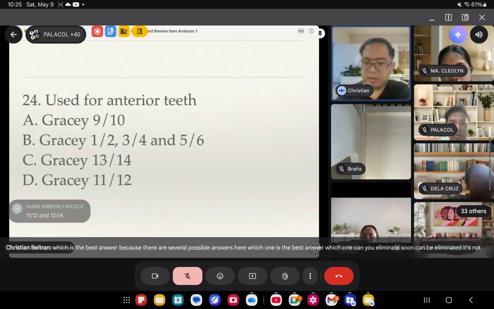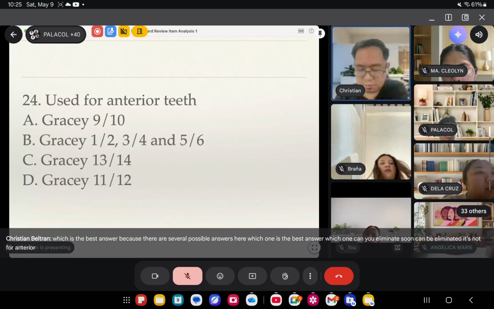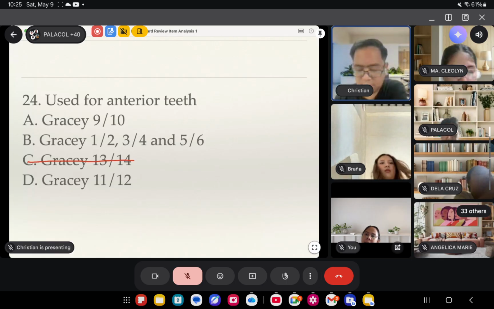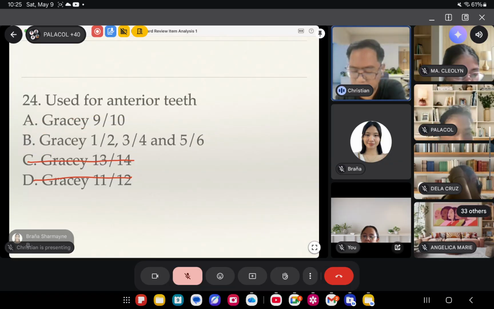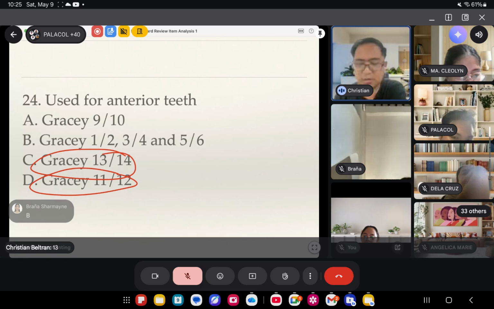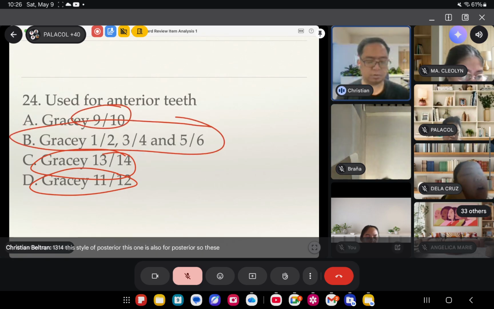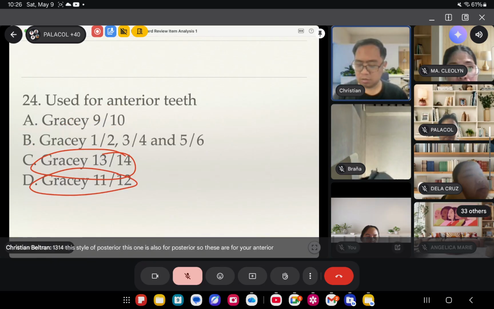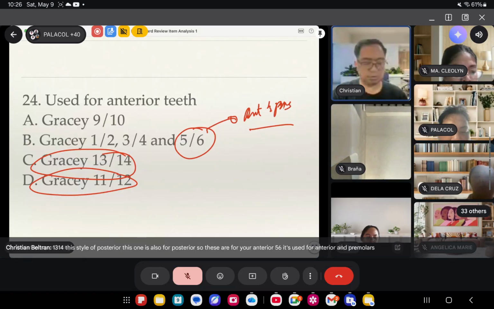It's obvious it's not for anterior: 13, 14, 11, 12, right? And 9, 10 are molars, so we can eliminate those. You know that 11, 12 is mesial of posterior, 13, 14 distal of posterior. This one is also for posterior. So these are for your anterior. 5, 6 is used for anterior and premolars. Okay?